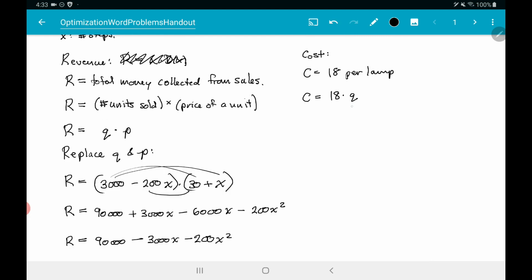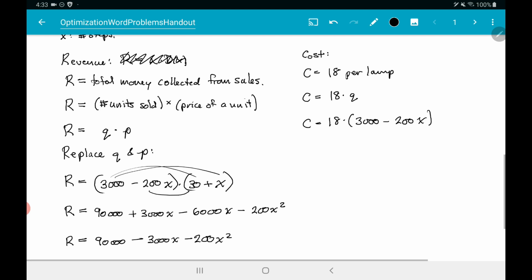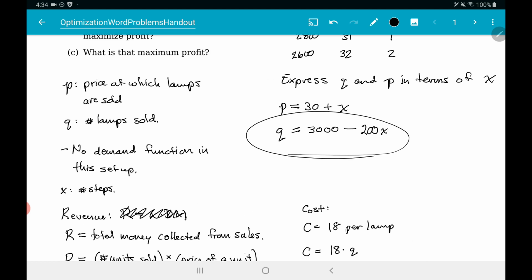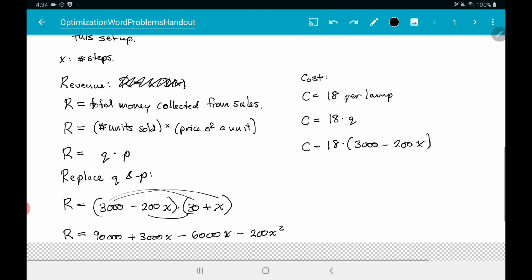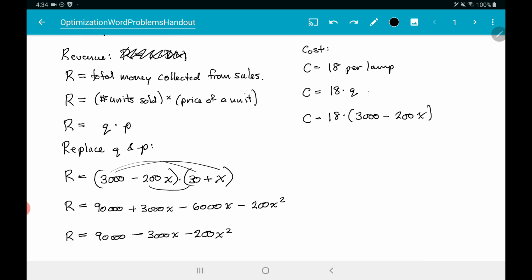As before, I want to replace Q with its expression as a function of x. So that's 3,000 minus 200x. And that comes from up here. Now that we've got that far, let me just leave a note to myself here, replace Q. Again, you need parentheses because we want to multiply 18 times the entire replacement for Q. And without those parentheses, we'd have a mess.